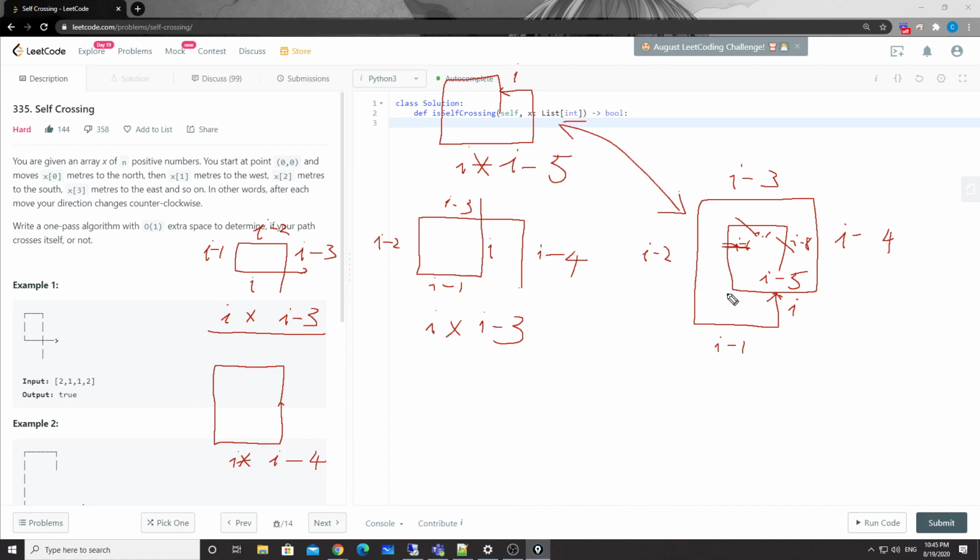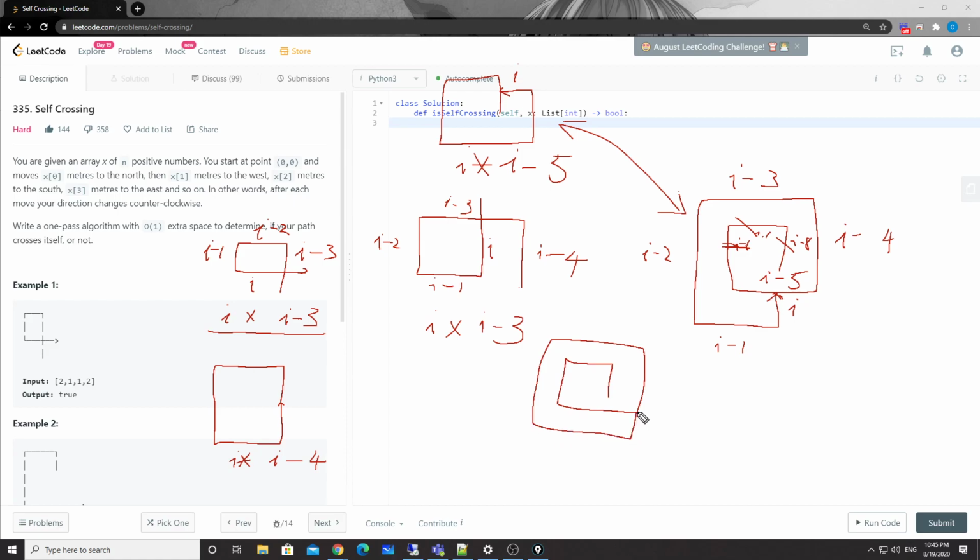The observation here is that we only care about which line the last one will be crossing with. No matter how many lines you draw, there will be only three patterns.